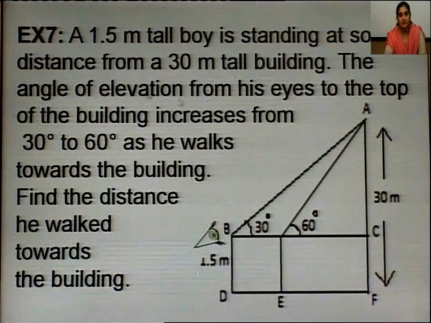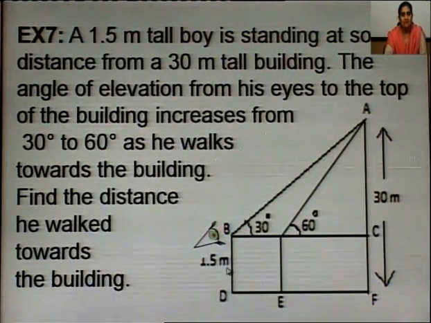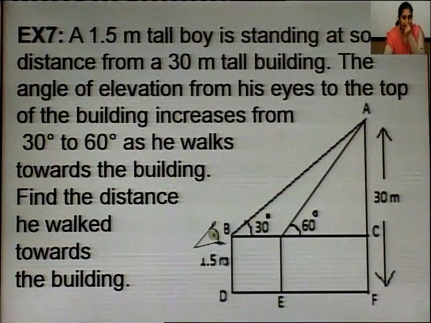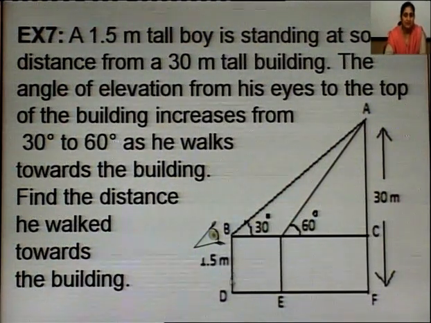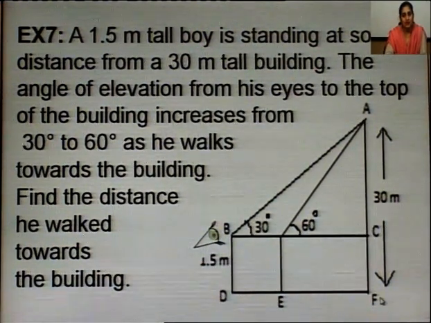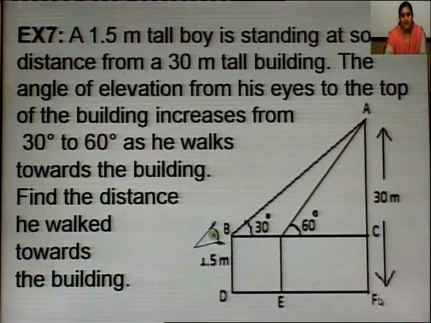Next example: a 1.5 meter tall boy, this is the boy, 1.5 meters high, BD, is standing at some distance from a 30-meter tall building. This is AF, the 30-meter tall building.